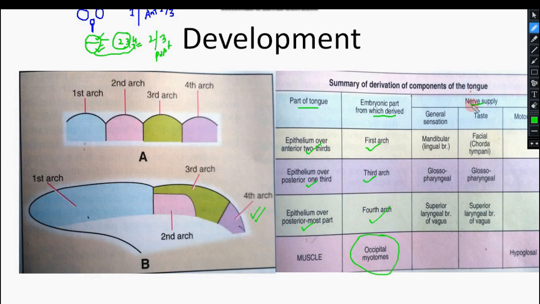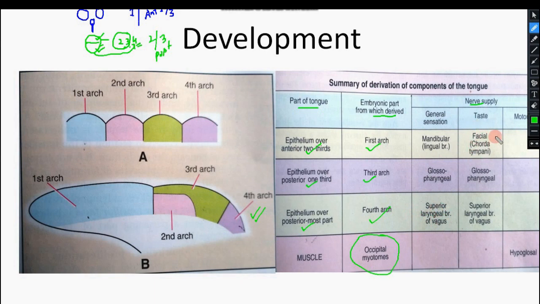Nerve supply or innervation. For general sensation, the first arch is supplied by the mandibular branch, the third arch by the glossopharyngeal nerve, and the fourth arch by the superior laryngeal branch of the vagus.